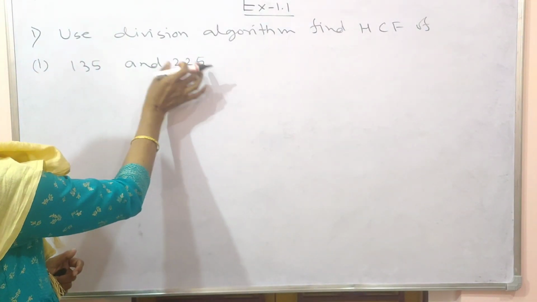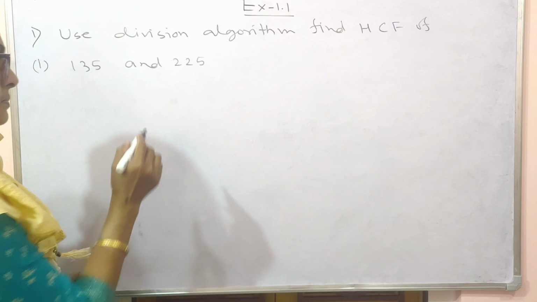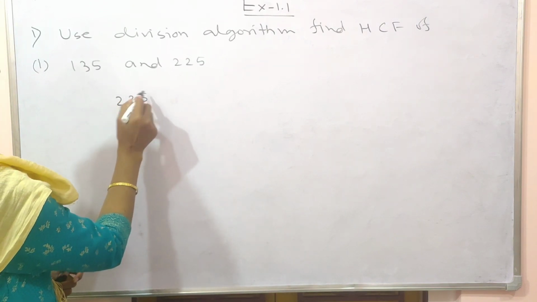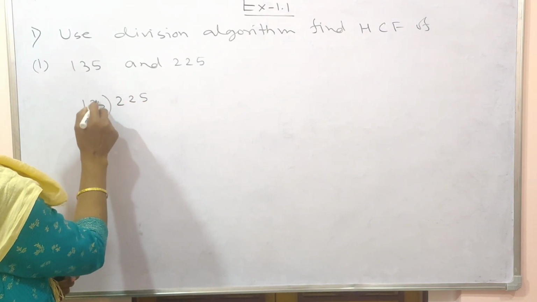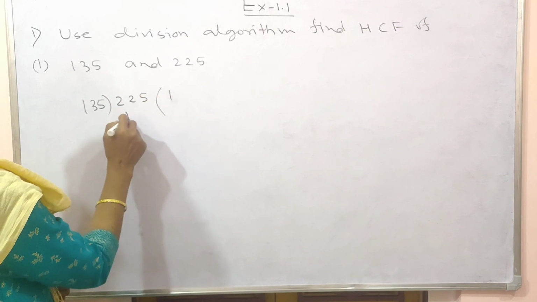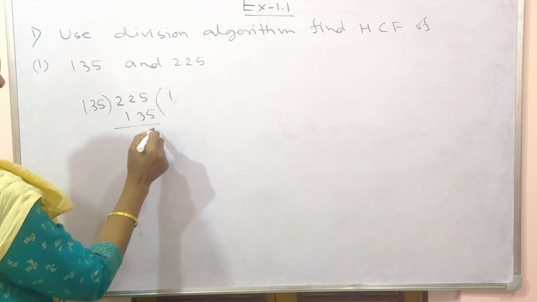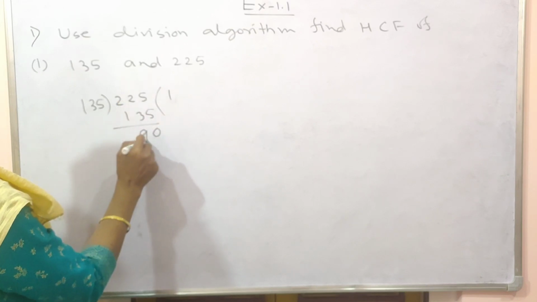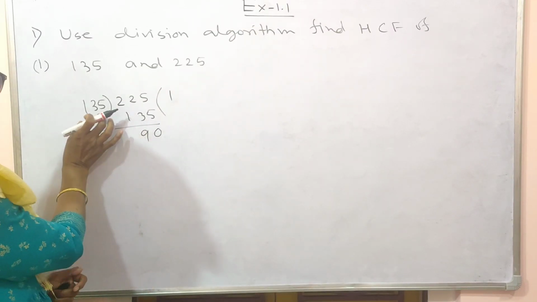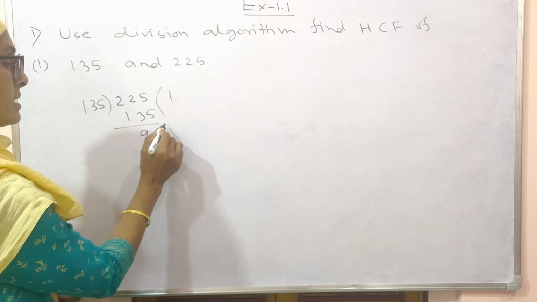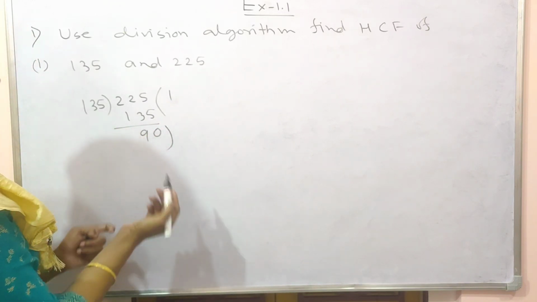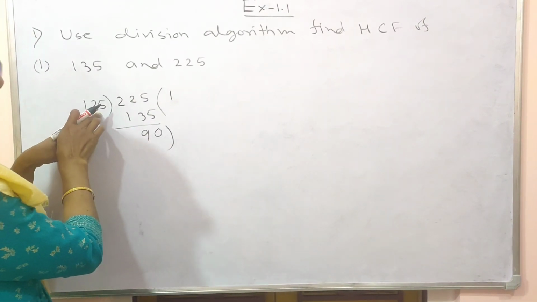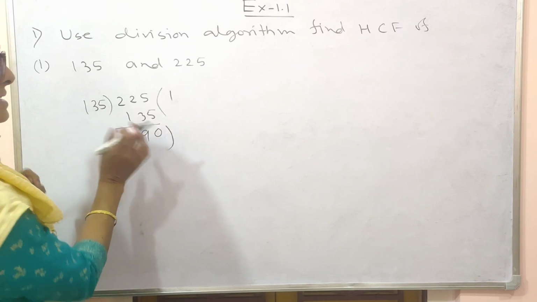So divide 225 by 135. How many times? 1 time 135. If you subtract, you will get 90. So 90 is less than this, so this one is the remainder. Again you have to divide the previous divisor by this remainder.